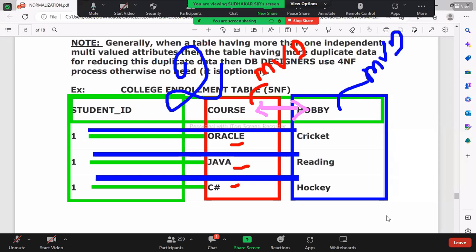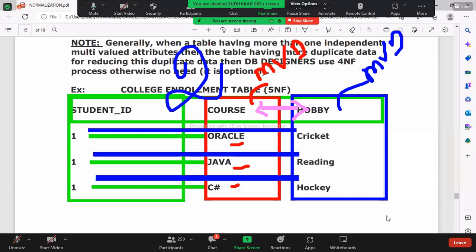Is there any kind of real relation there? No. Suppose course and student have a relation, course and professors have a relation. But do course and hobby have any relation? No. So can I say these are independent? Yes or no? Yes, we can say these are independent columns.